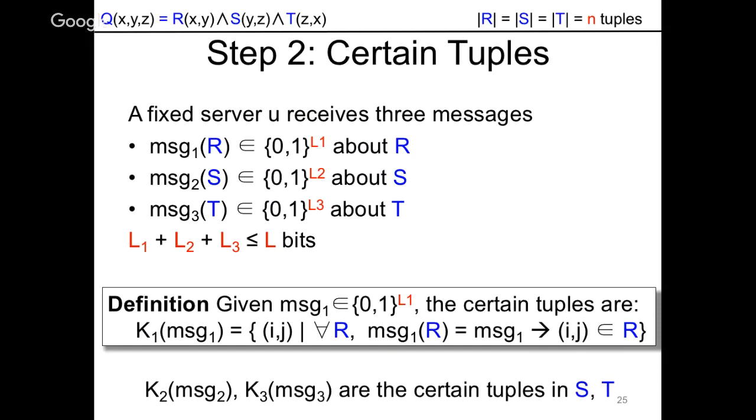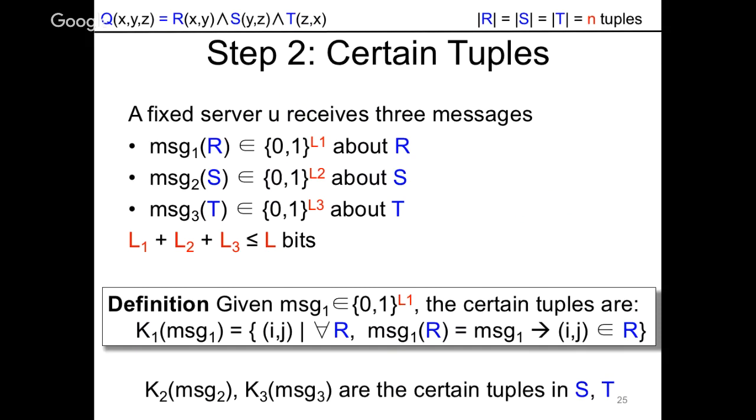So just to make the notation clear, we have a message consisting of L1 bits about R. We have a second message with L2 bits about S, and the third message of L3 bits about T. And I should have mentioned, I'm focusing on a fixed server. I chose one server, and this server receives these 3 messages that are computed from R, S, and T.